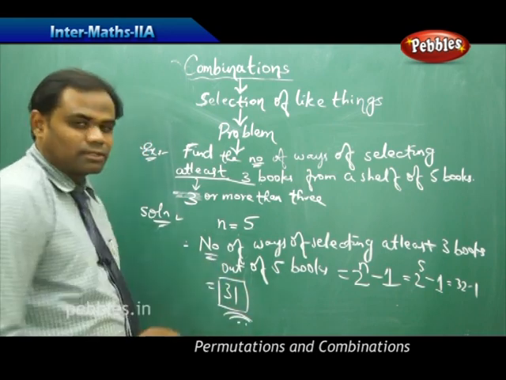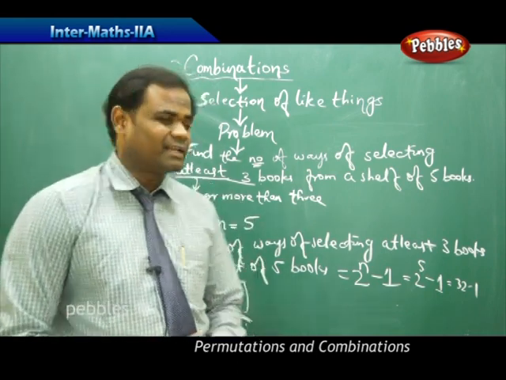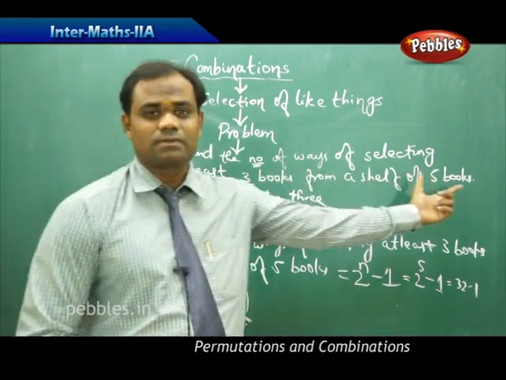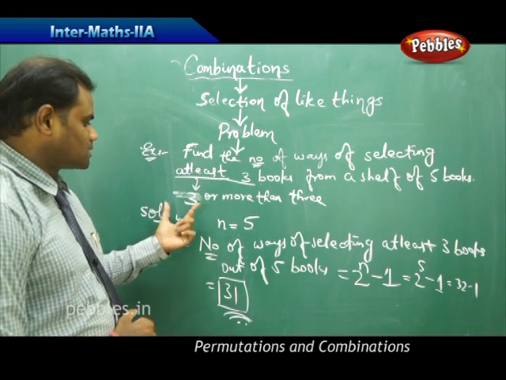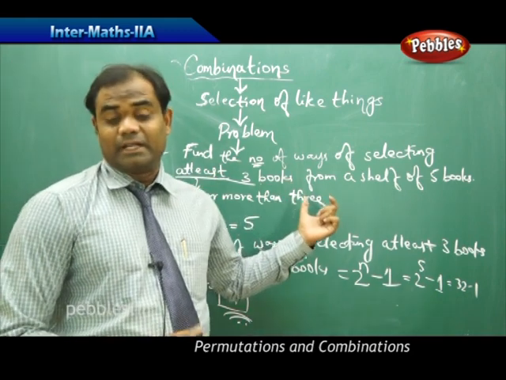That is, there are 31 possible ways of selecting at least 3 books out of the 5 books in the shelf. That is how I understand at least as 3 or more than 3.